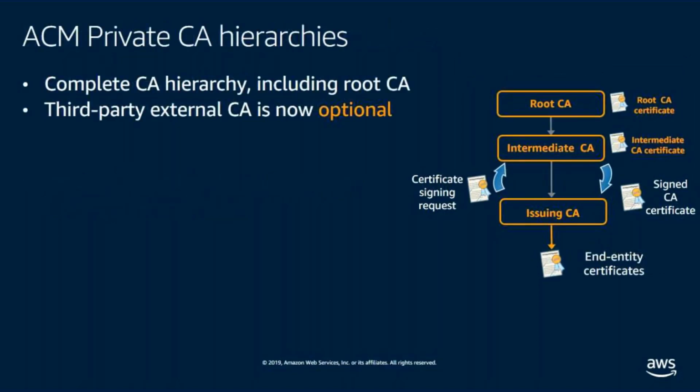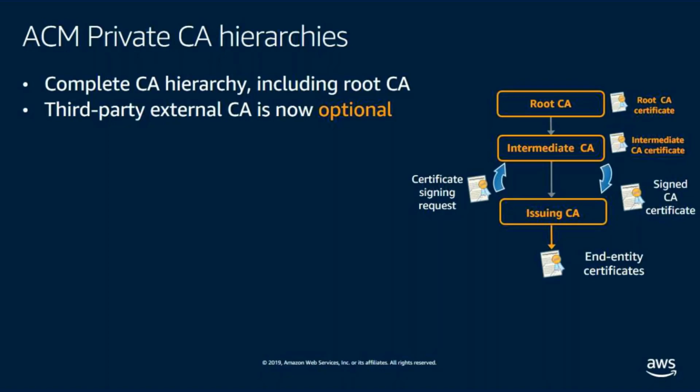introduced ACM Private CA hierarchies. You can see in this diagram, it's a similar diagram, but in this case, AWS is managing the entire infrastructure for you. It's hosting a root, an intermediate, and an issuing CA. And the process of trusting or adding an issuing CA to the hierarchy is very similar. You create the CA, you issue a certificate signing request for that private key for the issuing CA, sign it with the intermediate CA, and then import the signed certificate.